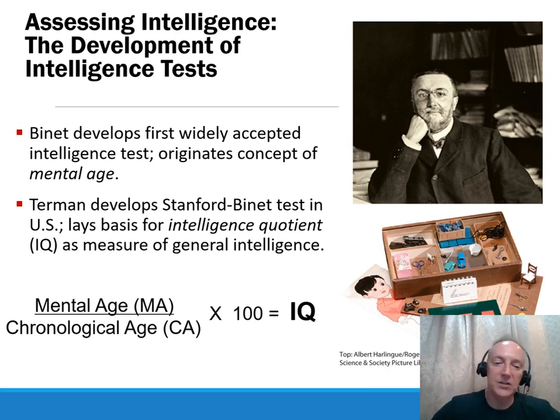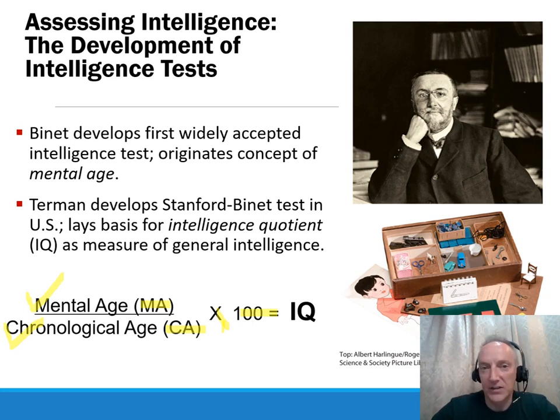So an intelligence quotient is calculated by taking the kid's mental age, dividing it by their chronological age, and then multiplying it by 100. So let's say I have a kid who is 7 years old. That's their chronological age. If they are doing things that the typical 7-year-old does, then his mental age is 7. 7 over 7 is 1. 1 times 100 is 100.